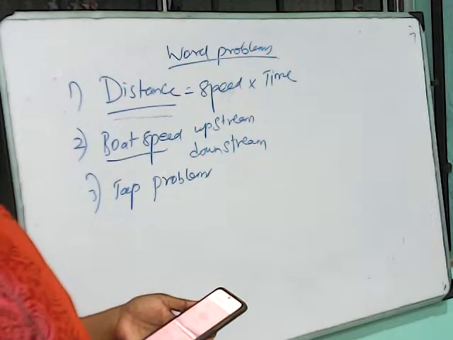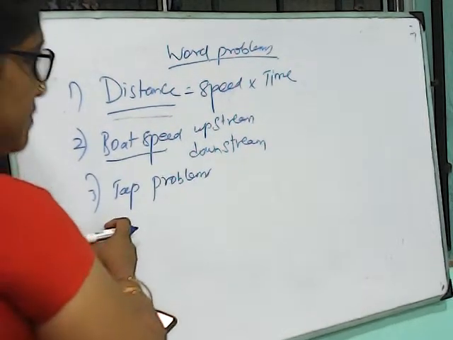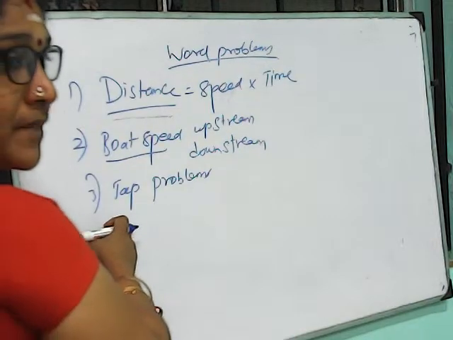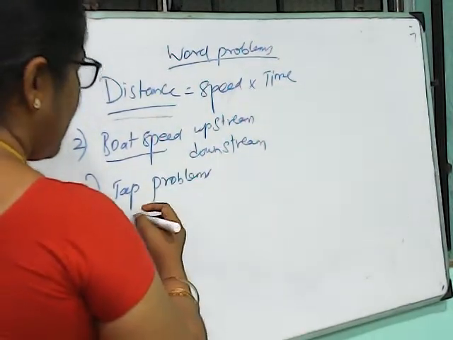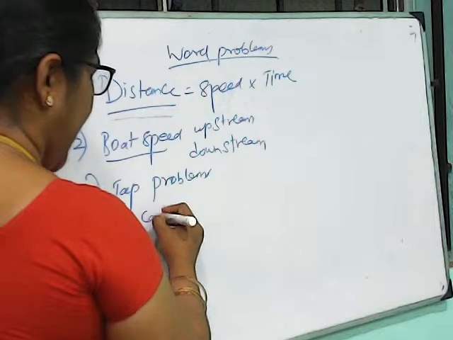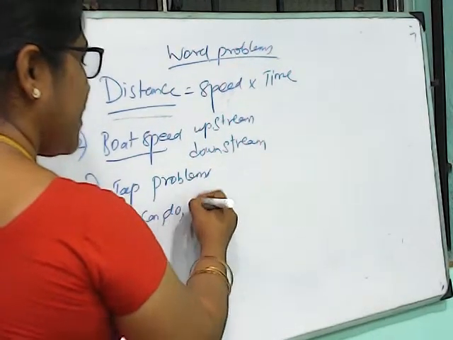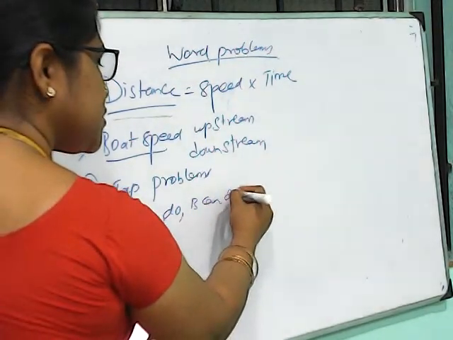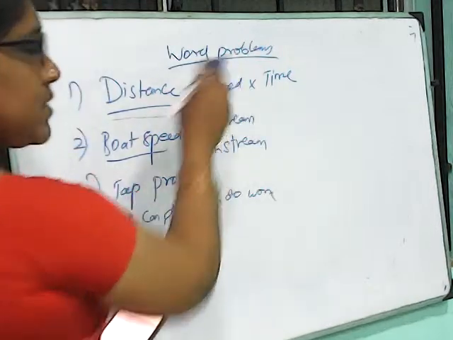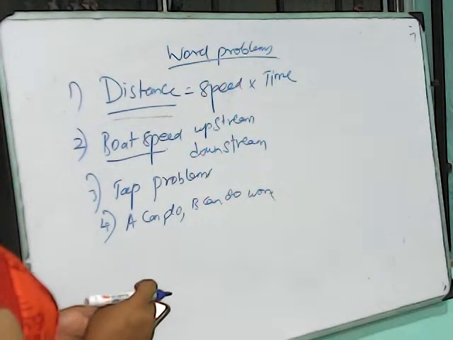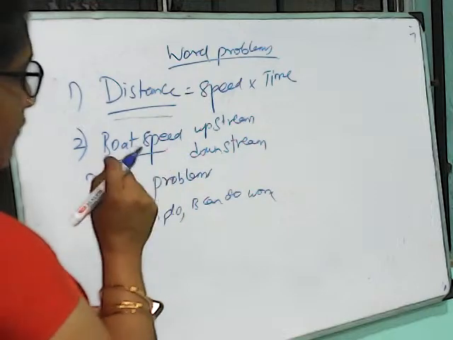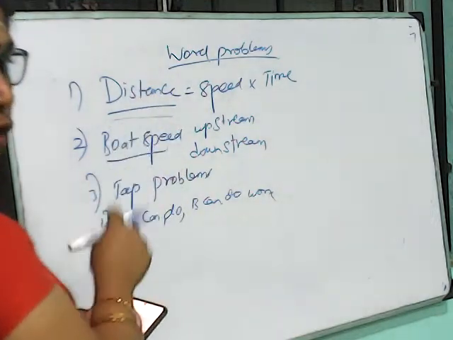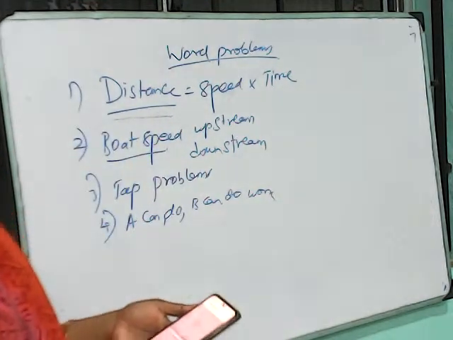So together பண்ணா எவ்வளவு time, all these. So tap problems also carries more weightage here. Okay, next A doing a work, A and B, A can do and B can do work problems also. You have to concentrate on this word problems. Okay, so we will take one example and we will see how to go about the linear equations, the word problems.